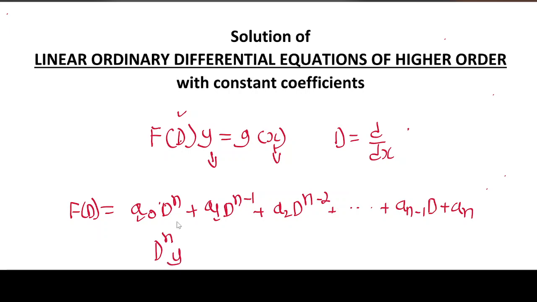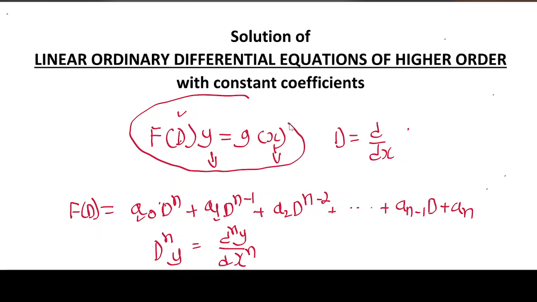This is nothing but the nth order derivative of y with respect to x, that is d n y by dx power n. Similarly we have the lower order derivative terms. So this function is called the differential operator, and this is called a linear differential equation of higher order.